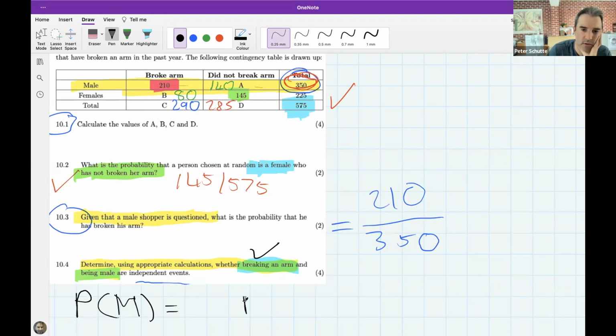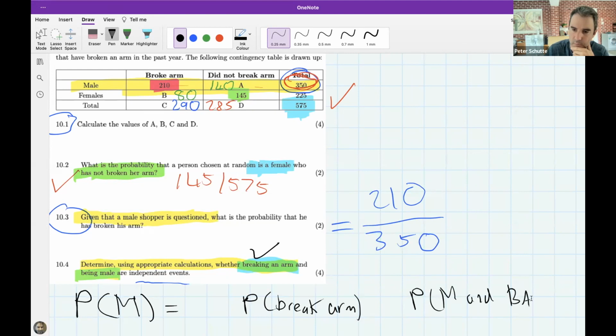And then I need to get that one. And I also need to know the probability of doing both of those, the probability of being male and having a broken arm.